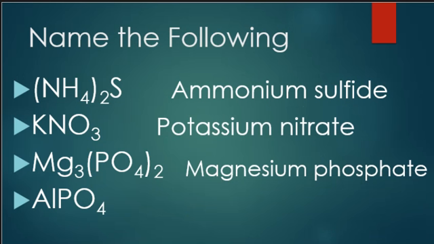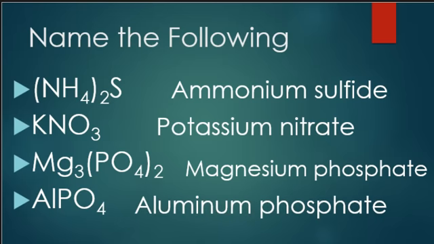Al, so aluminum, what? PO4? That's easy. Yeah, aluminum phosphate. You should probably know some of these forever, like ammonium, definitely phosphate, definitely hydroxide. But cyanide, come on, it's poison. We don't want to remember that one. All right, have these written down?